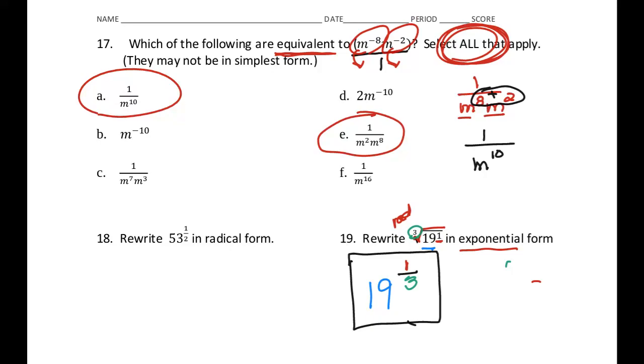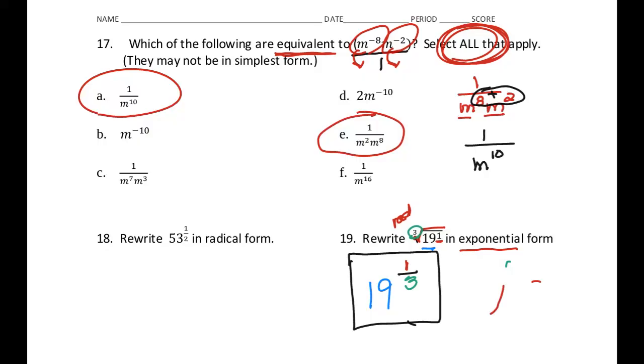What else, if anything? Is there any more? D. Yeah, if it's 1 over m to the 10th, is that the same as m to the negative 10th?